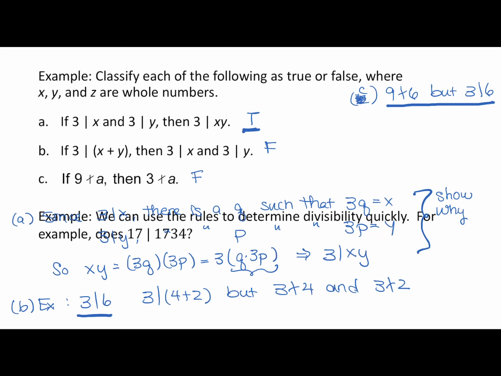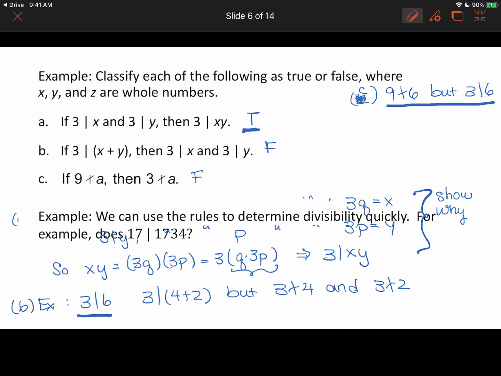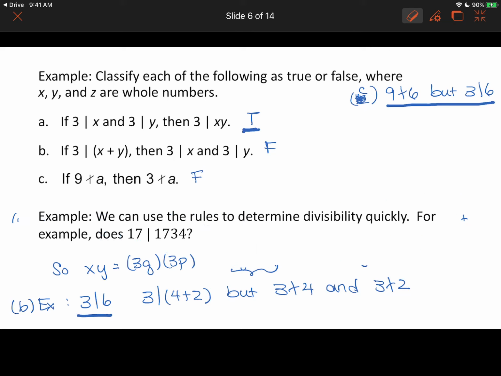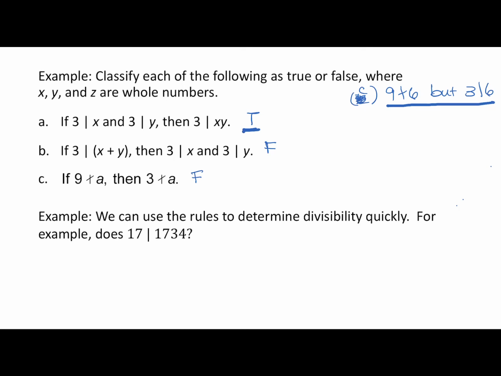Okay, now I'm going to erase so you can see the print here. Let's look at another example. We can use the rules to determine divisibility quickly. So does 17 divide 1734? Well, can I write 1734 as something more useful?